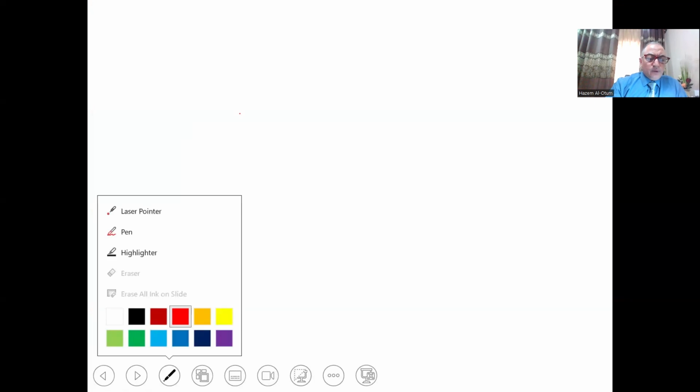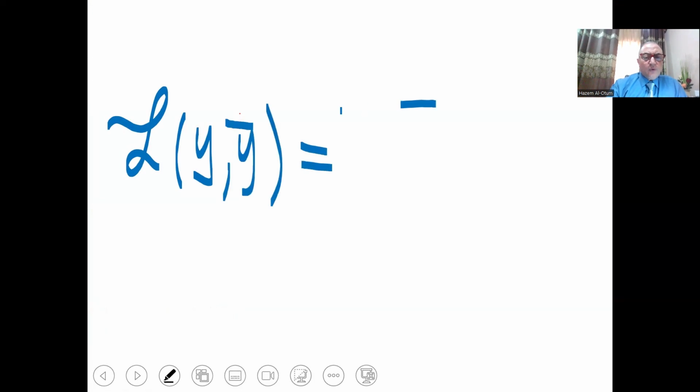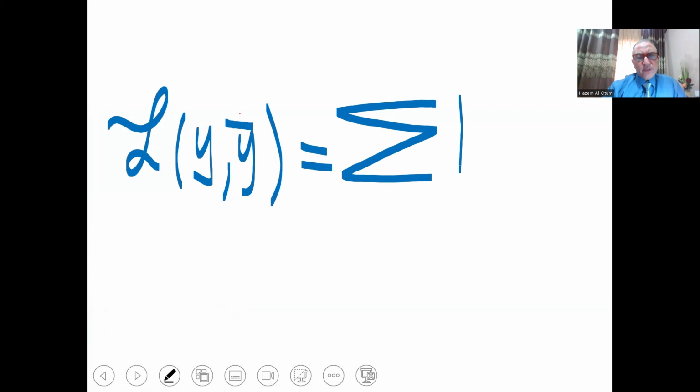When we talk about the loss function between, let's say, y and y dash, this will involve all values of errors. Let's say we take the absolute error, yi minus y dash i, for all i.